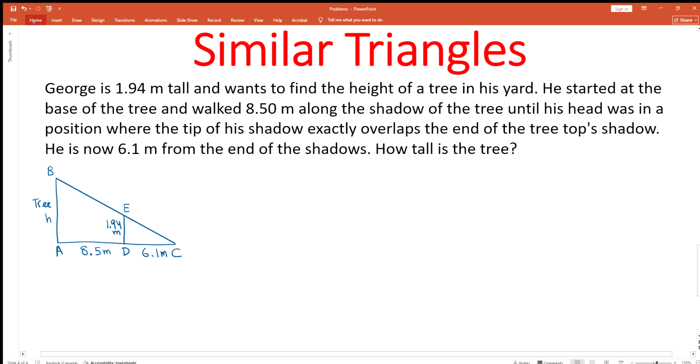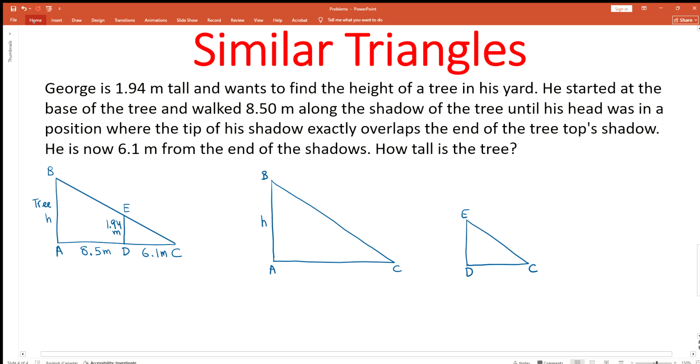This diagram is made up of two triangles, ABC and DEC. Let's draw these two triangles separately. Side AB represents the height of the tree.